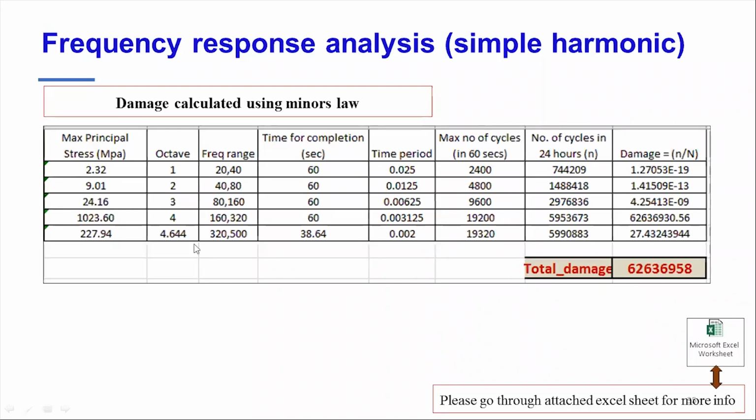So here you can take the resolution as small as possible, but if you take a very small resolution like 0.1 hertz, the calculation will be very heavy. So what we have taken here is a resolution of 1 hertz. And that way, we try to calculate the damage for octaves.